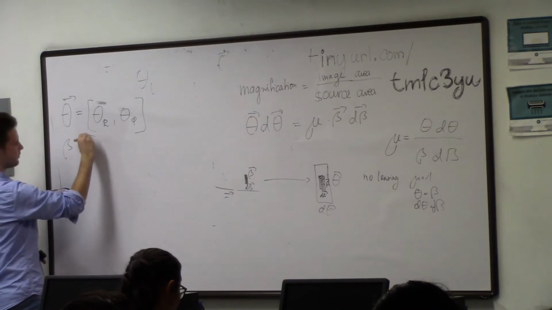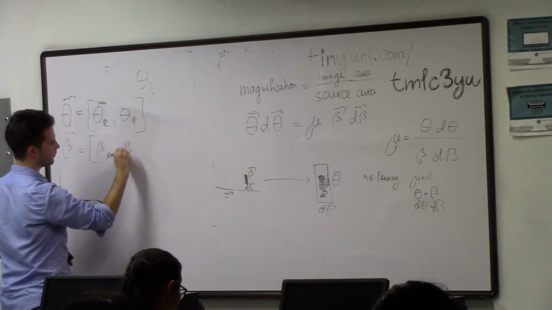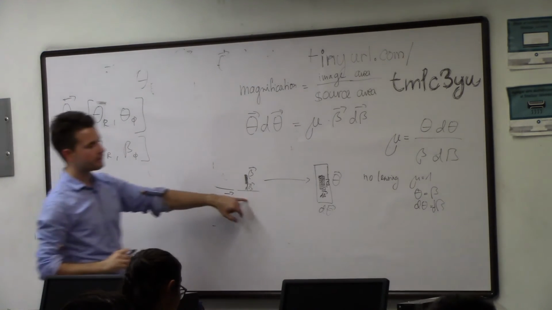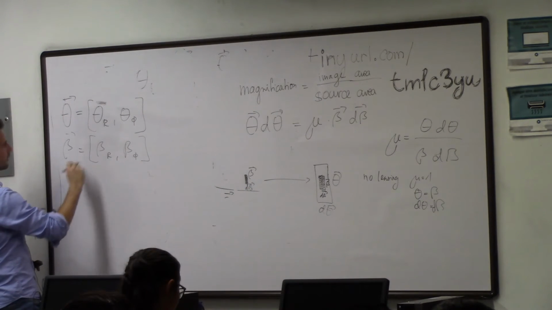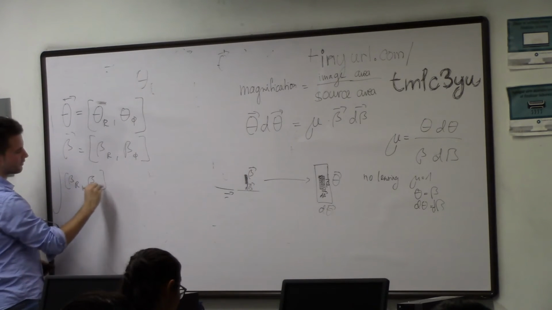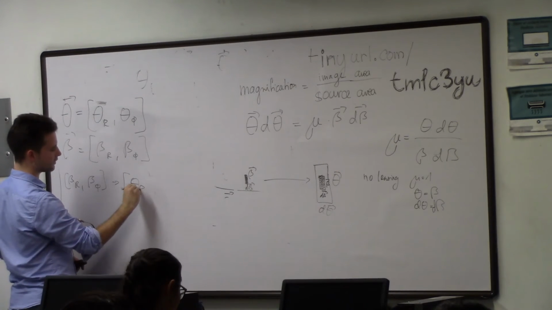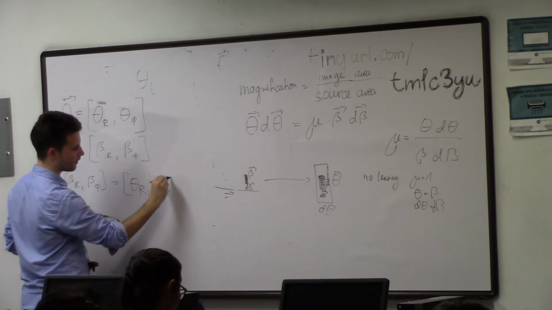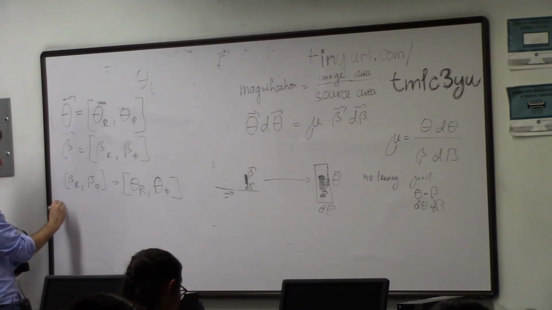And so does beta. What lensing and the magnification does is it tells you how your beta r, beta theta, beta phi goes to, how do you do this transformation? And fair enough, we'll do just some simple matrix multiplication.